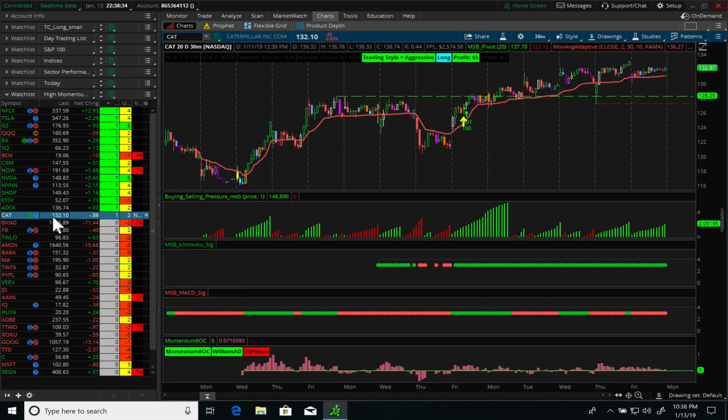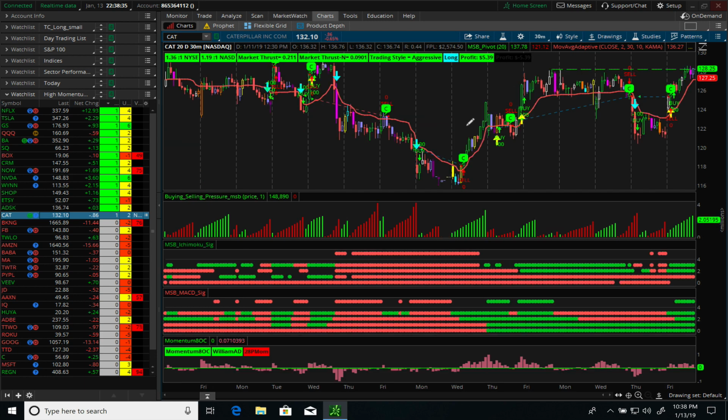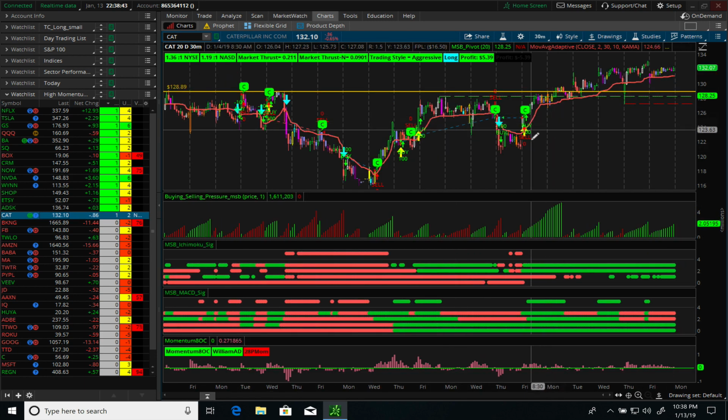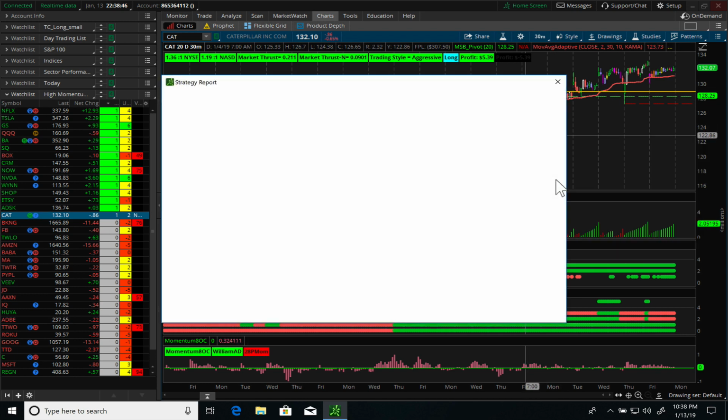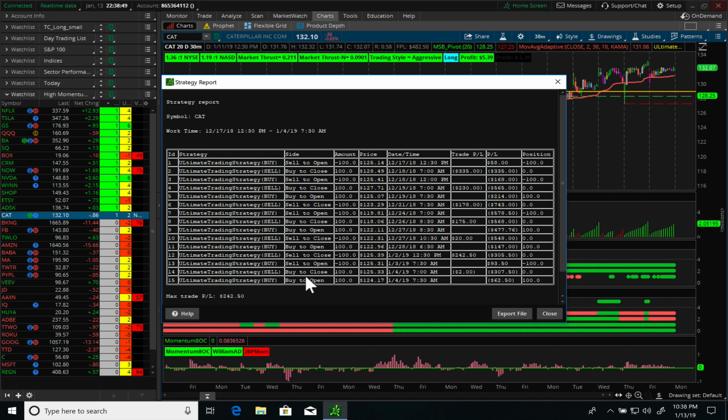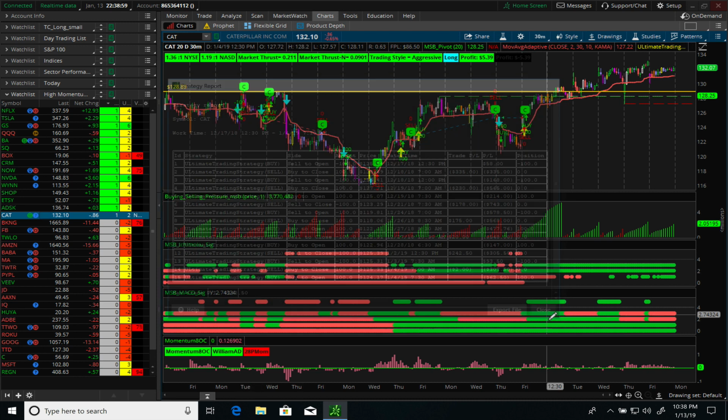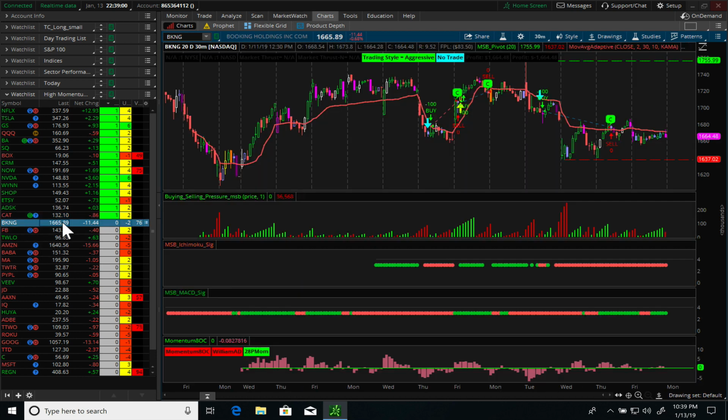Let's look at Caterpillar. Clicking on show report again. This one had a profit of 242. So this had more losses, 1, 2, 3, and 4. But anyway, overall the trade was still profitable. You didn't end up losing any money on it at all.